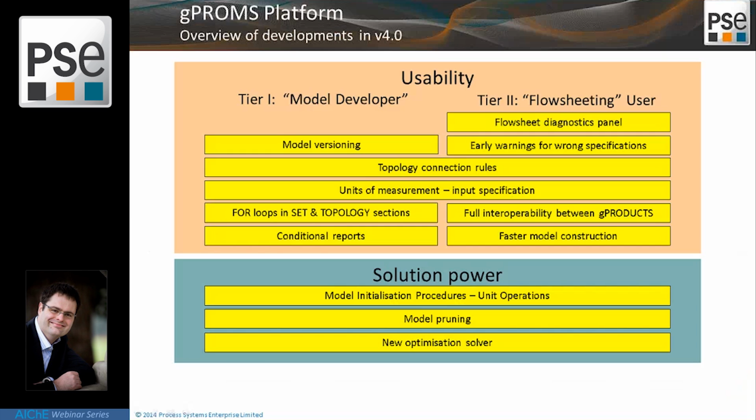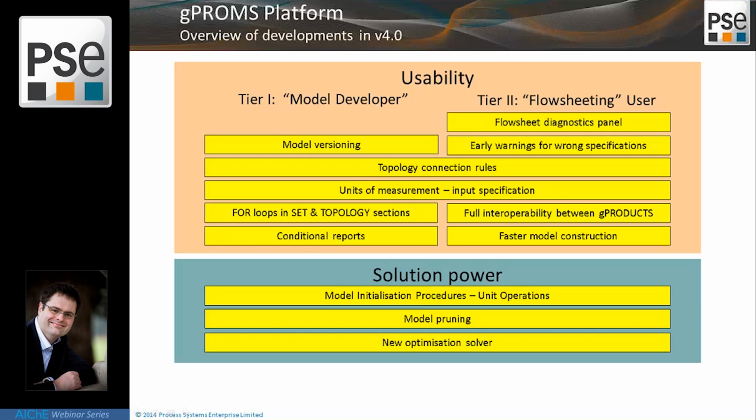And just to give you an idea, this is the latest developments compared to 3.7, which was the previous version of gPROMS. And in PSE, we always like to distinguish between two types of, or actually three types, but for this presentation, two types of users.